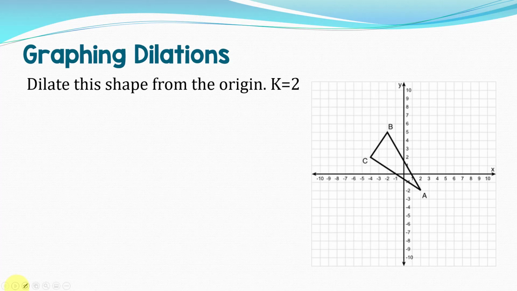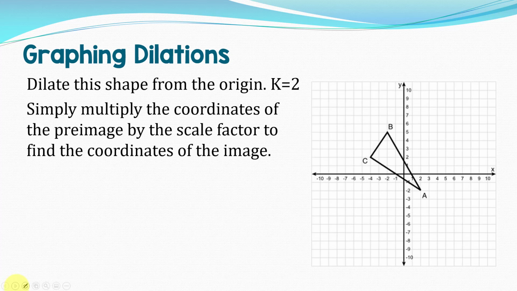All right, so how do we do a dilation on a graph? We have a scale factor of 2. So we want our image, the thing we're going to dilate, the after, to be twice as large as the starting image, is what you have on the screen here.